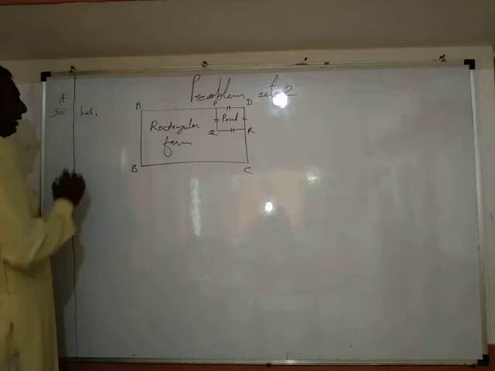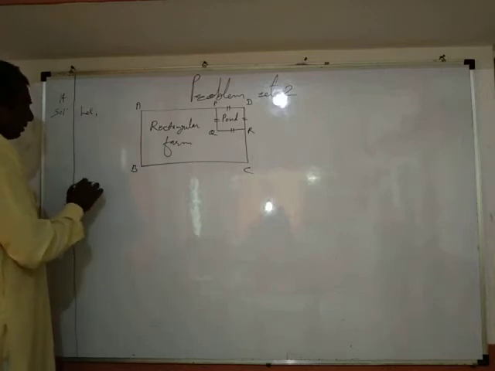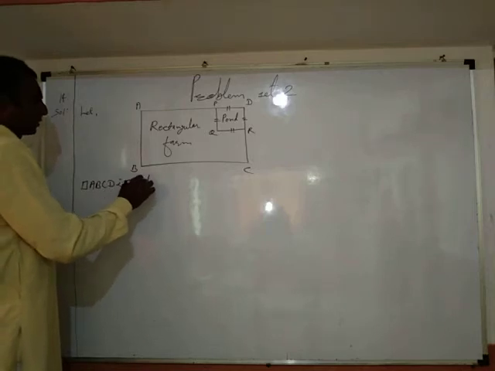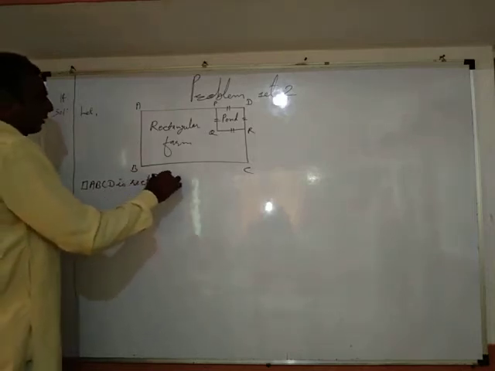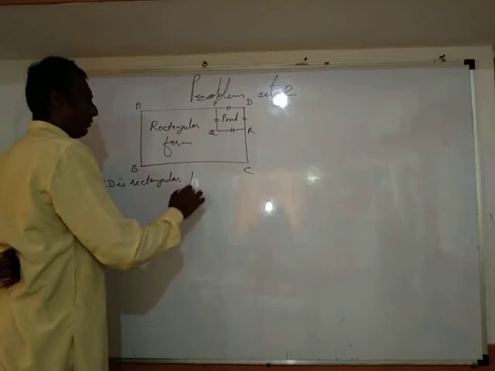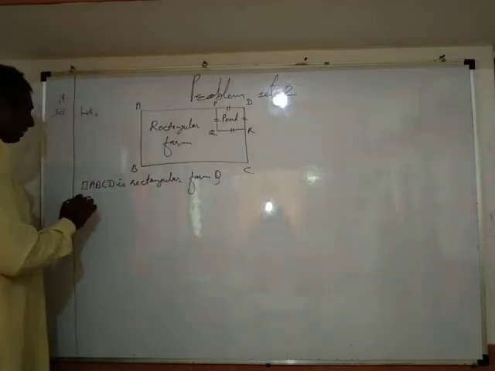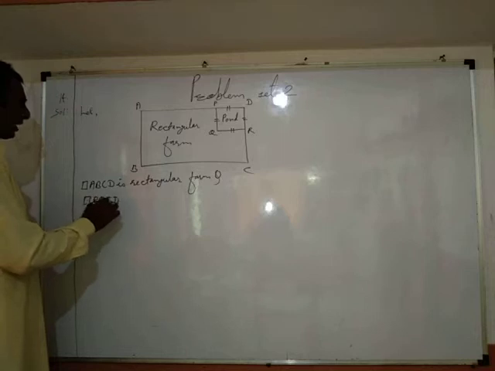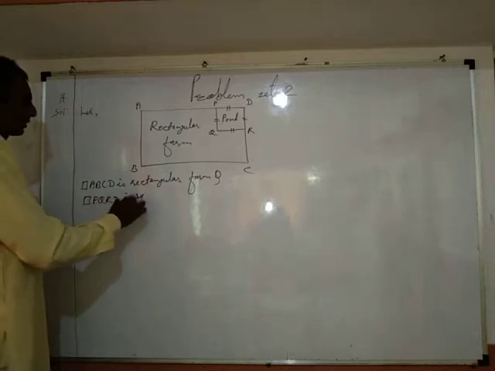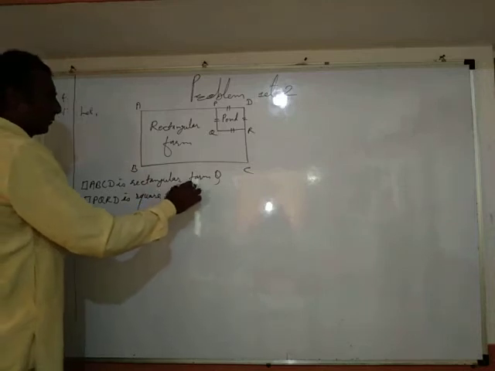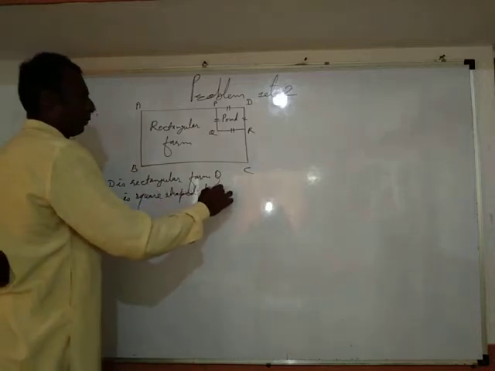Okay, let quadrilateral ABCD is rectangular farm and quadrilateral PQRS is square shaped pond.